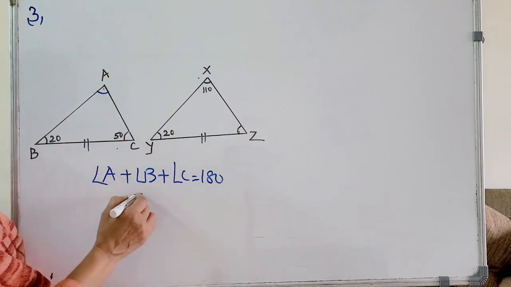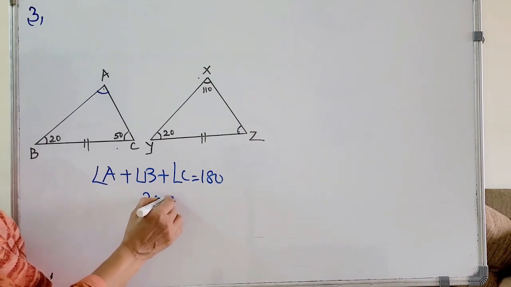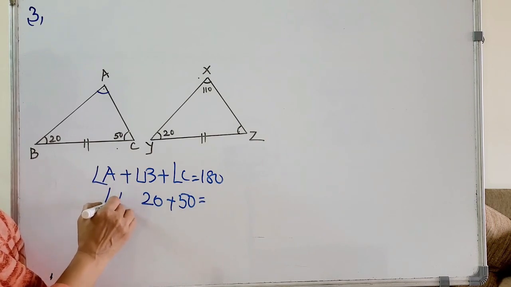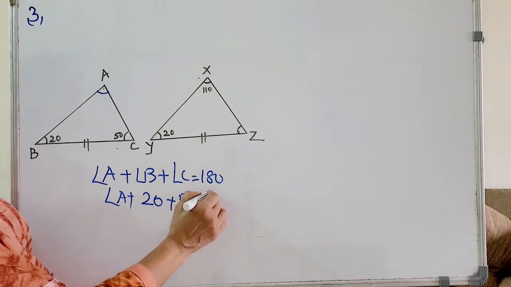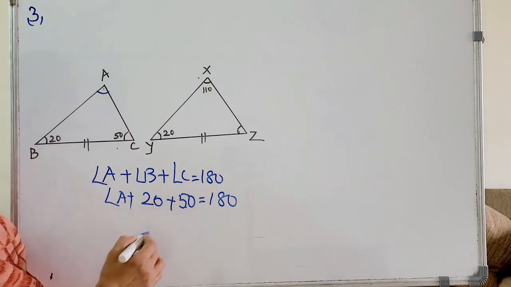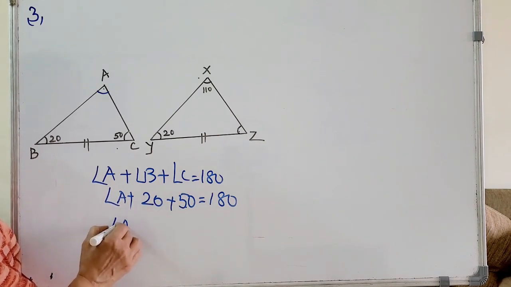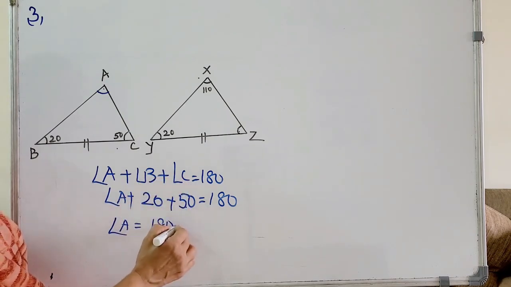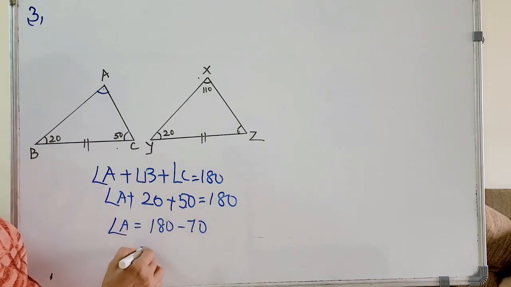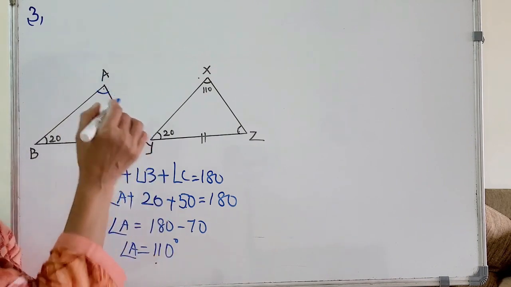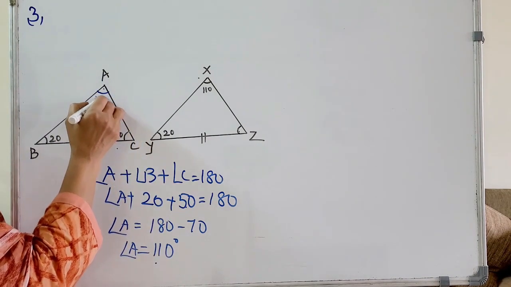Now here B is given as 20, C is given as 50, and you have to find out the angle A. So 20 plus 50 is 70. Angle A is equal to 180 minus 70, which is 110 degree. So here it is 110.